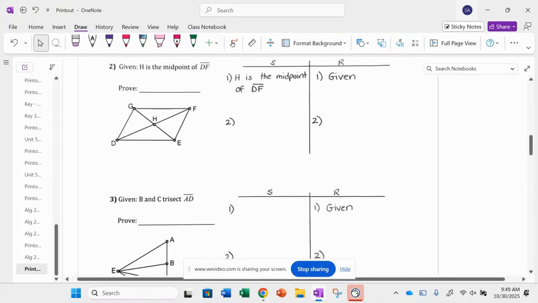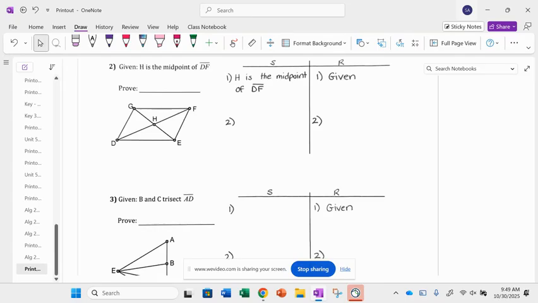Okay, if H is the midpoint of DF, what's the best conclusion we can make if H is the midpoint of DF? Caitlin? Good. What's going to be congruent? Yep. So our best conclusion is that DH will be congruent to HF.